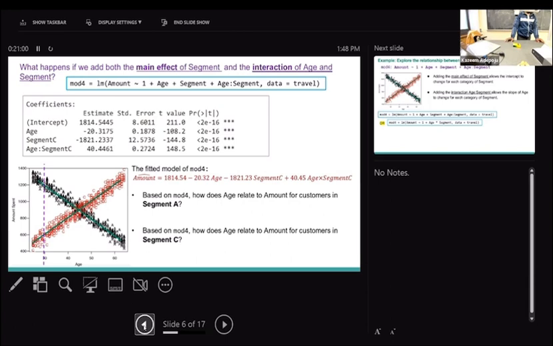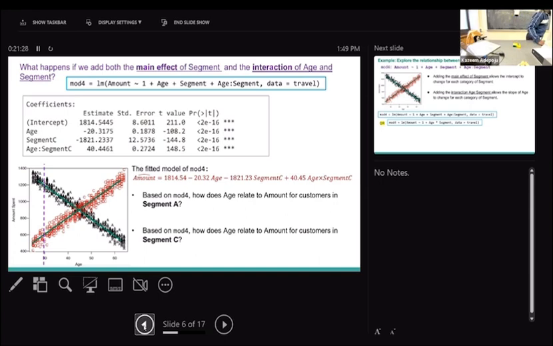That is the average amount spent on travel. But the effect of age is negative, so the initial amount is going to go down by 20.